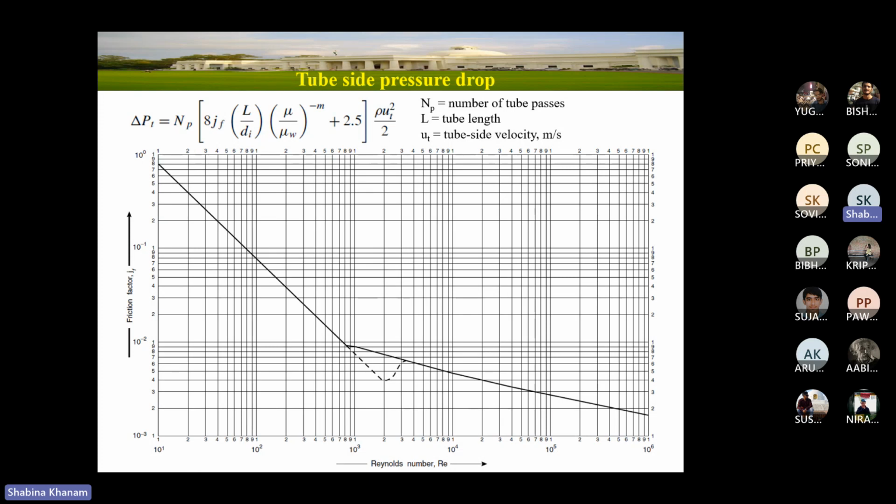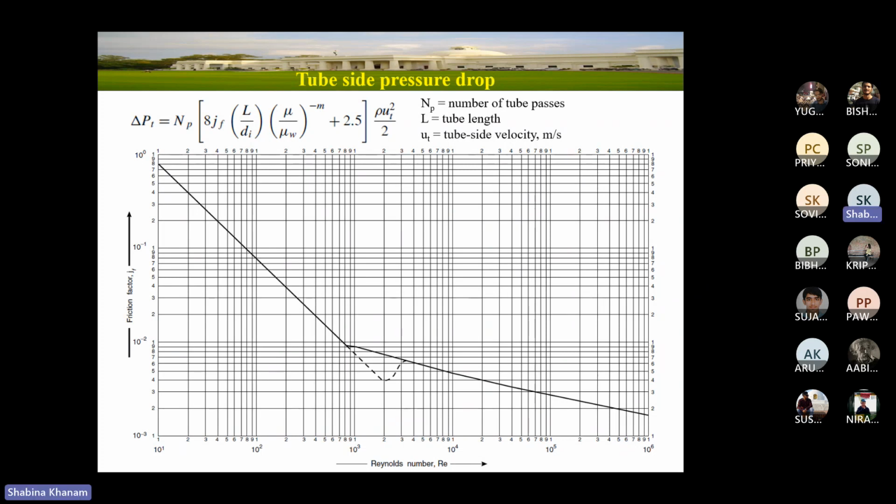Now if I consider 1-2 pass, what will happen in 1-2 pass? Half the number of tubes, the fluid will enter once. So when the fluid will enter from tube side to the number of two different tubes, there we will have contraction in the fluid.